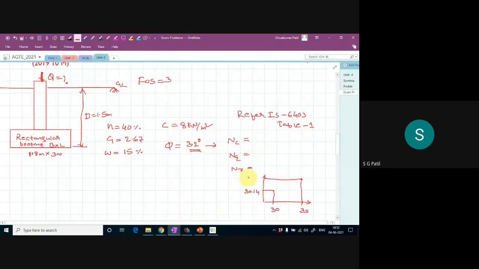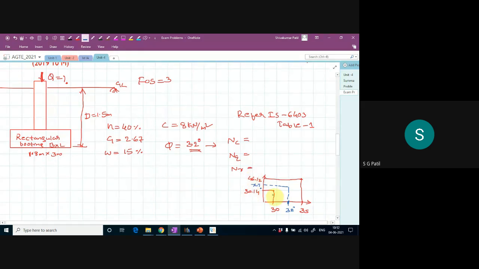But I need the value for how many degrees? 32 degree. For phi of 32 degree, I will put the unknown as x.